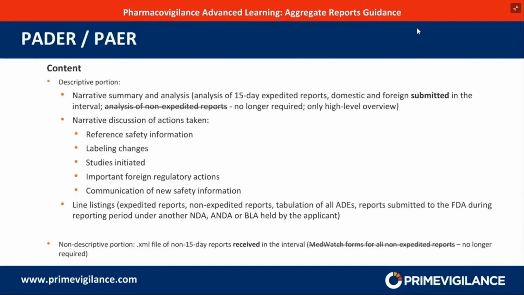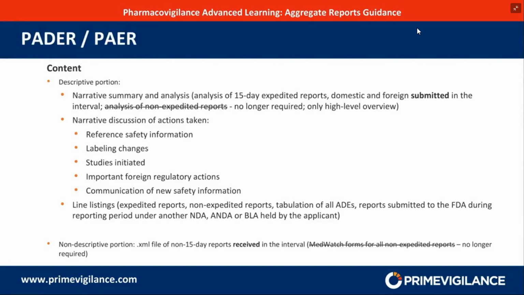And this is based on when these reports were submitted to the FDA, so cases that are submitted within the reporting interval. This is important to note because it's not based on when the case was received, but when it was submitted to the FDA. Then analysis of non-expedited reports also used to be required, but this is no longer the case. But you might still come across it in some historic reports.